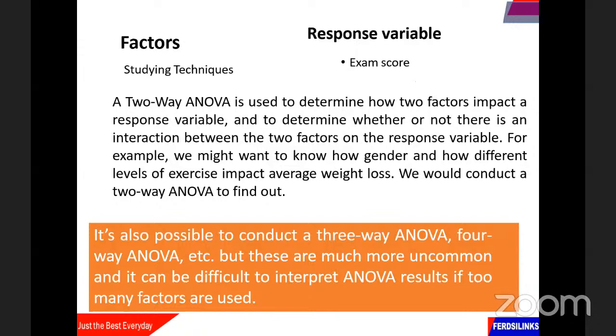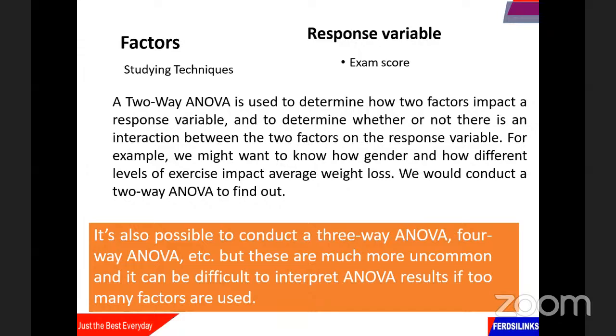Any question? Now we've said analysis of variance, but in analysis of variance we have a range of different categories. We have the one-way ANOVA, where we have one dependent variable and one independent variable.